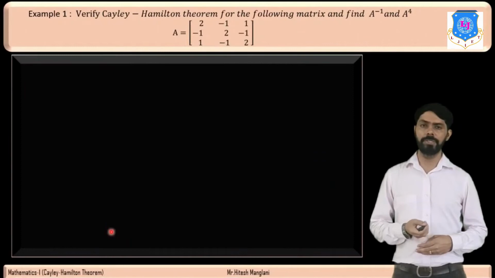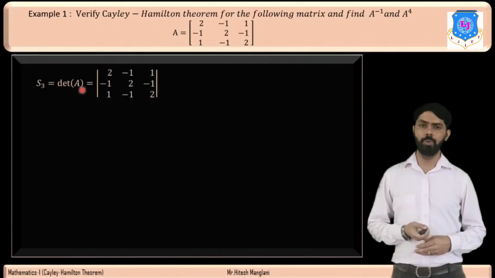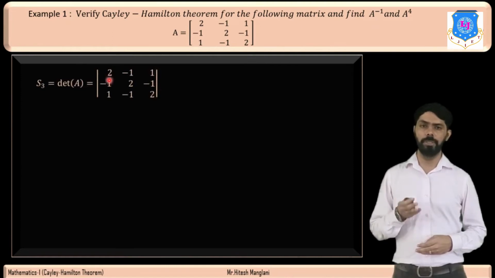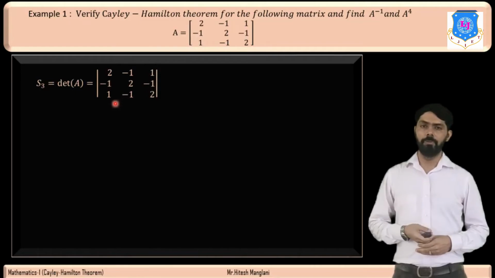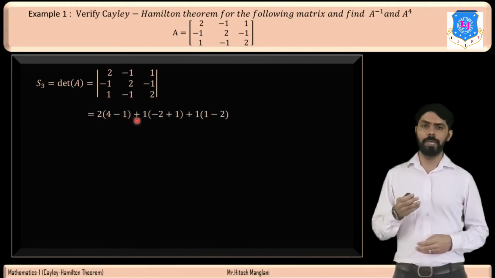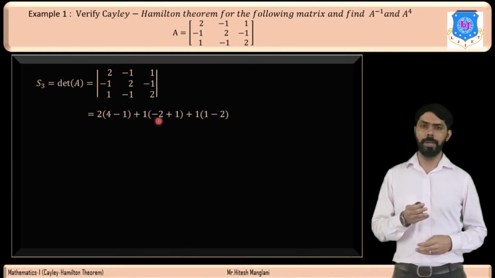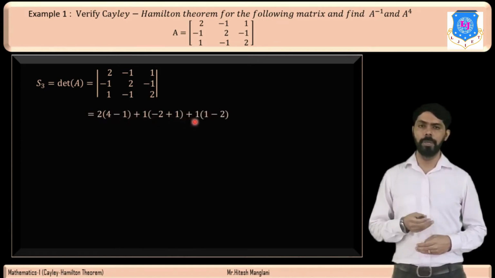Now we will find S3, which is equal to the determinant of matrix A. So the determinant of [2, -1, 1; -1, 2, -1; 1, -1, 2]. It will be 2 in bracket 4 minus 1, plus 1 in bracket minus 2 plus 1, plus 1 in bracket 1 minus 2.